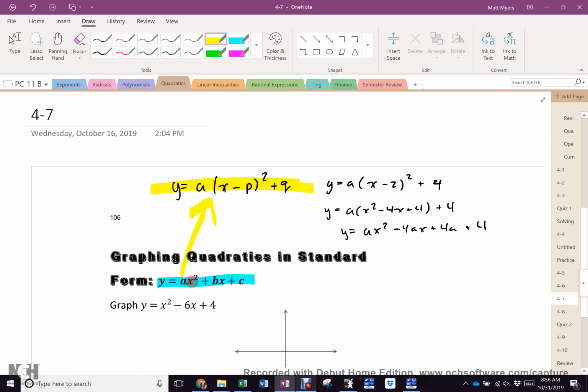What do you see that's the same? A. And there's x's and y's, right? So if I told you, and do not write this down, that this parabola went through 2, 7, could you do something with them and this? What could you do? 2 for x, 7 for y.